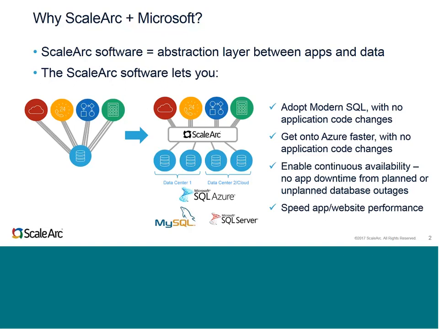And so it's unveiling and making that elasticity available at the app tier where ScaleArc really shines. So you can adopt modern database technology on-prem or in the cloud, get that linear scale out without making application code changes. So it's one of the reasons that Microsoft and ScaleArc have become such tight partners.